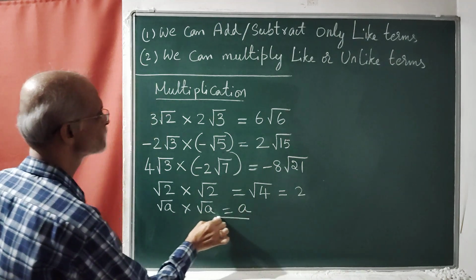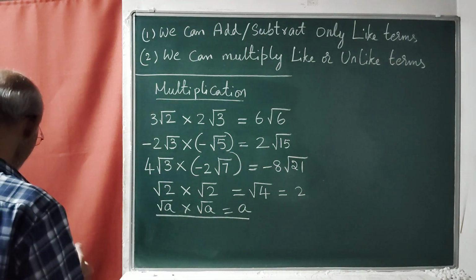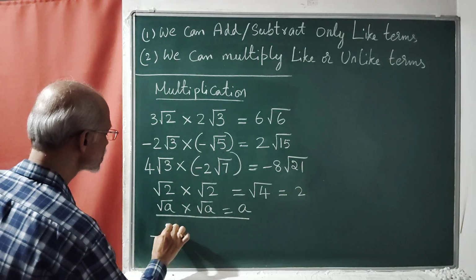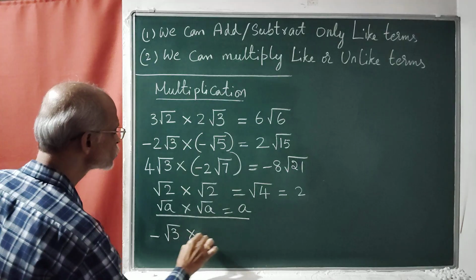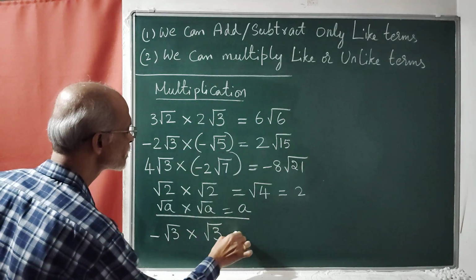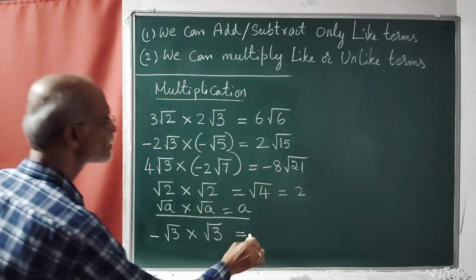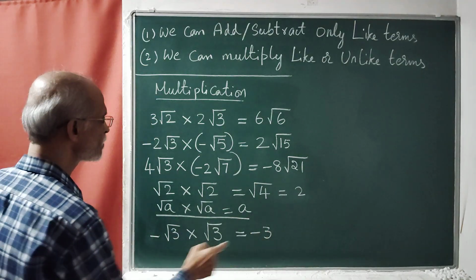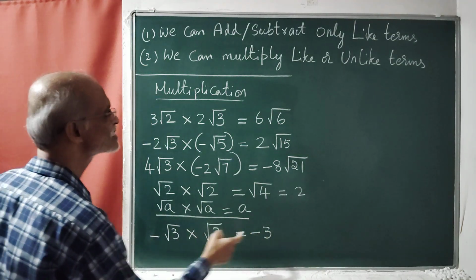Remember this. Next, minus root 3 into root 3. We will get minus 3, because minus into plus is minus, and root 3 into root 3 is 3.